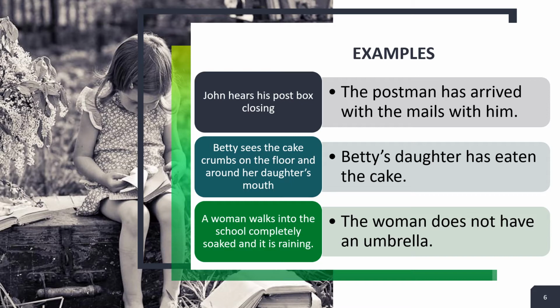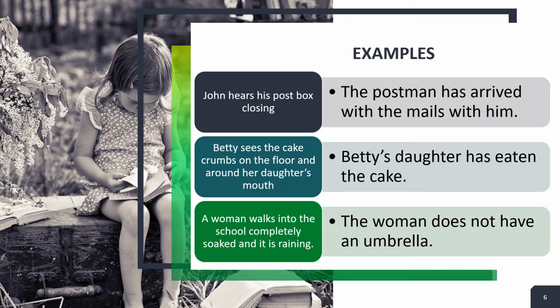So what we can infer from John hearing his post box closing is that the postman has arrived with mail. So we know that the sound gives an idea of the arrival of the postman.